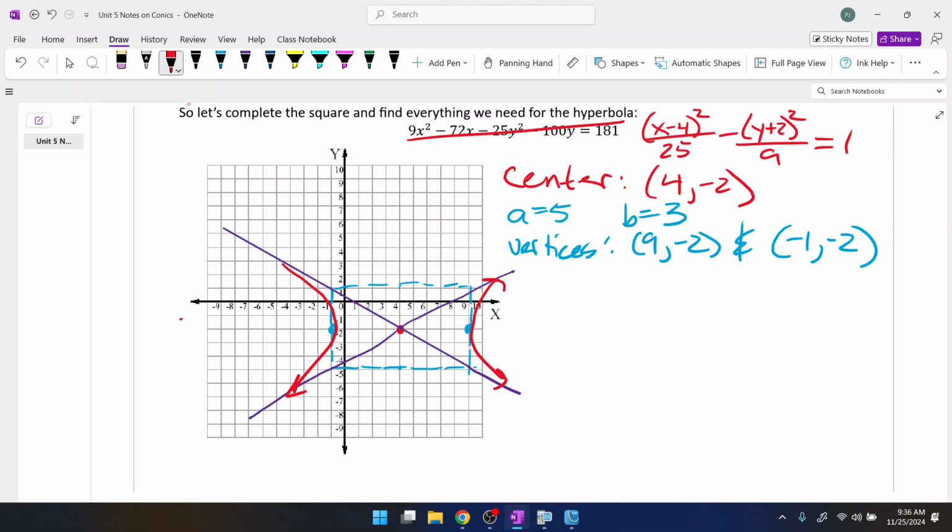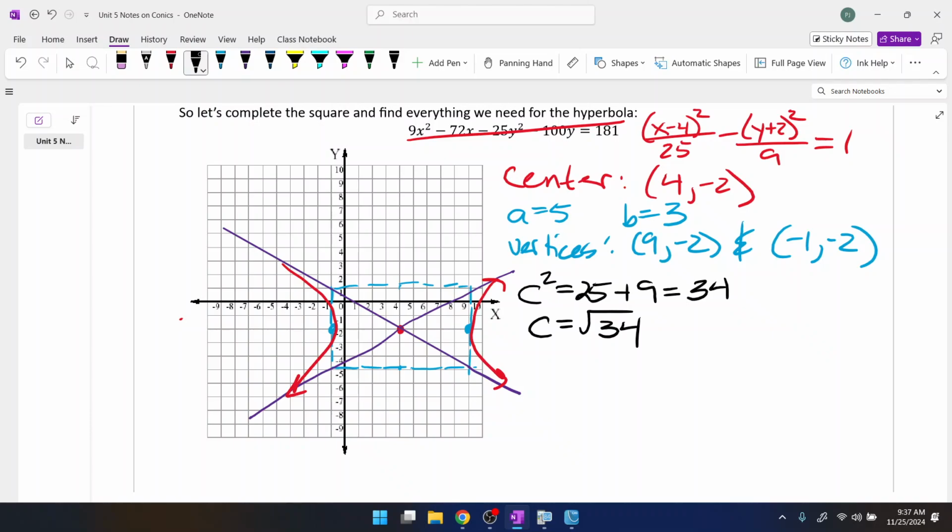Now, the foci is going to lie inside of this, but it's going to be transformed. So the foci are going to be basically wherever y is negative 2. So you still have to figure out the c squared, which is 25 plus 9, which is 34. C is going to be simply the square root of 34, which is 5.8 and change.